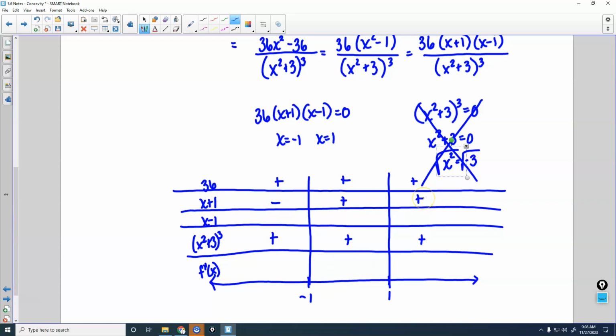For x minus 1, if I plug in negative 2, I'd get a negative. If I plug in 0, I'd still get a negative. Anything bigger than 1 would give me a positive. And so this is our final assessment here. Our second derivative is going to be positive, then negative, then positive again.